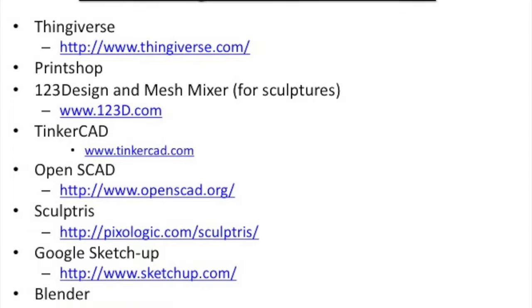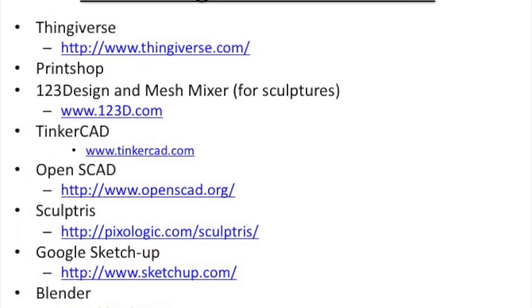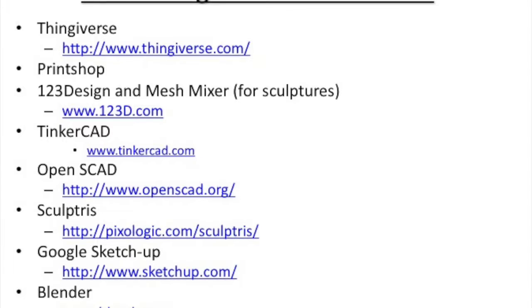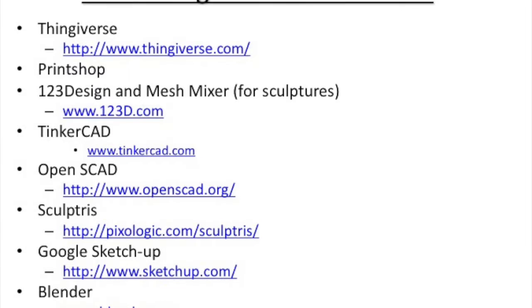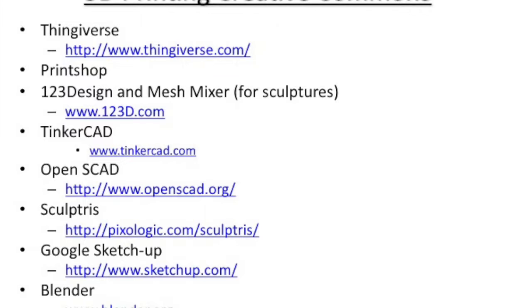It's very user friendly, and we've had several students at Morehouse that actually prefer to use 123D Design. So that is the one that I recommend as well. We also have Tinkercad, which is also a very user-friendly one, and I've also had high school and middle school students work with Tinkercad, and the learning curve is not as steep.